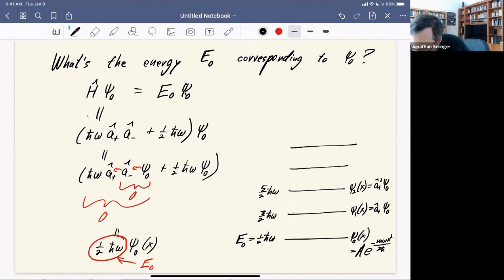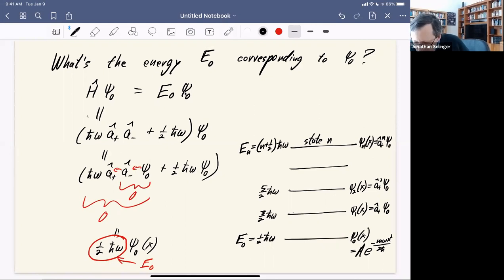And in general, for state n, we get an energy En, which is n plus a half h bar omega, and we get a wave function psi n of x, which is letting the A plus operator act n times on psi 0.